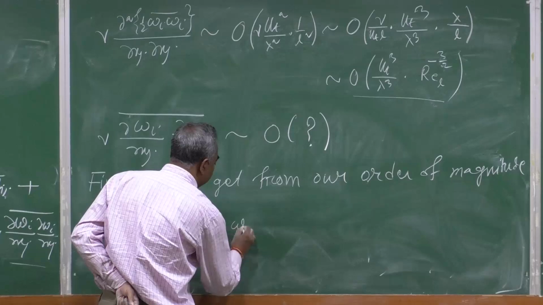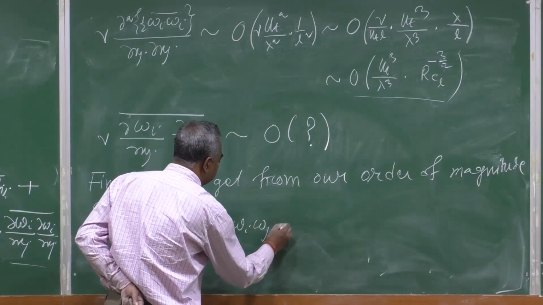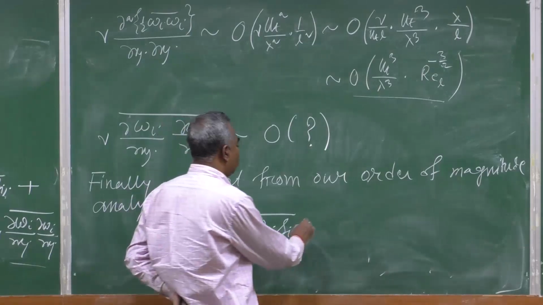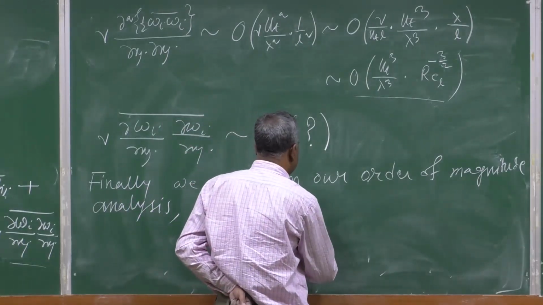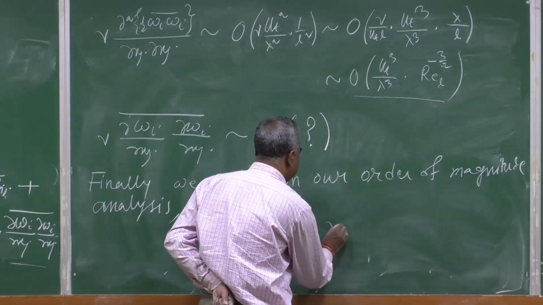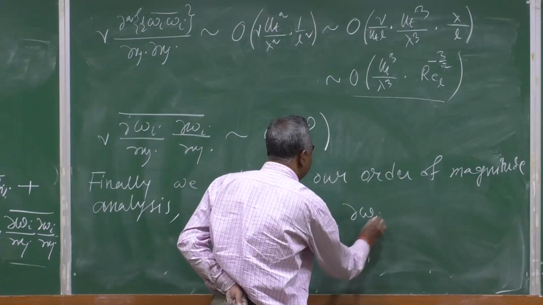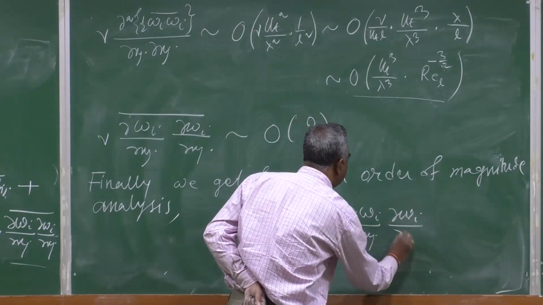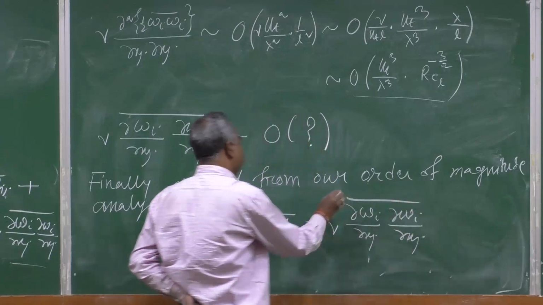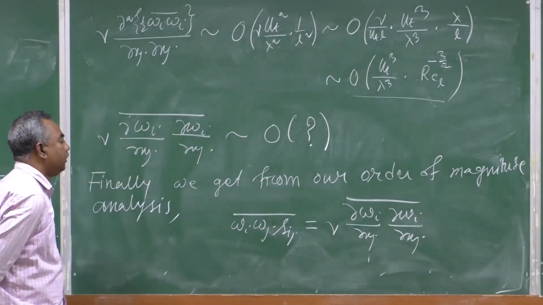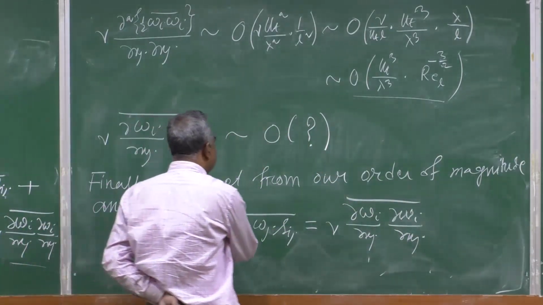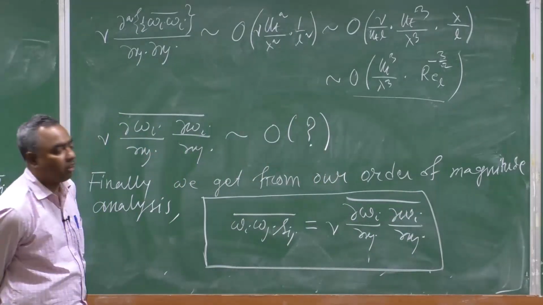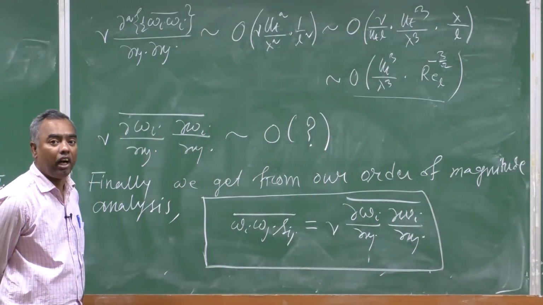We get omega i omega j small sij bar equals nu into the gradient term bar. Okay. So, this is our simplified turbulent entropy equation for very high Reynolds number, keep it in mind.